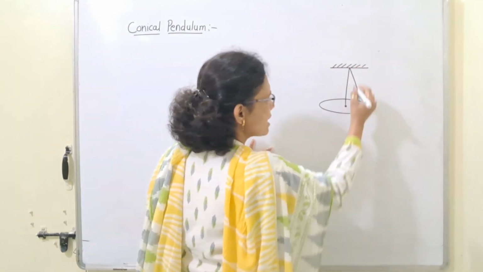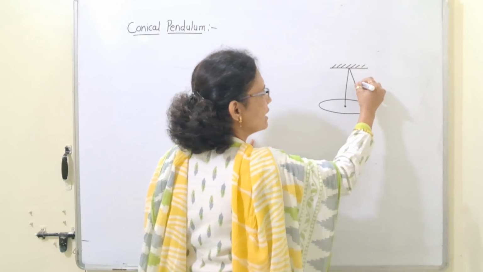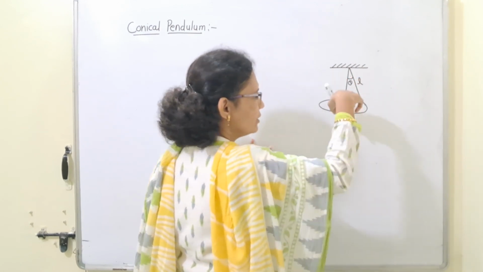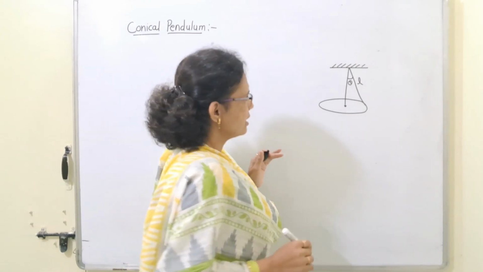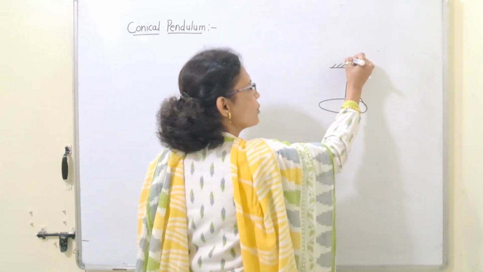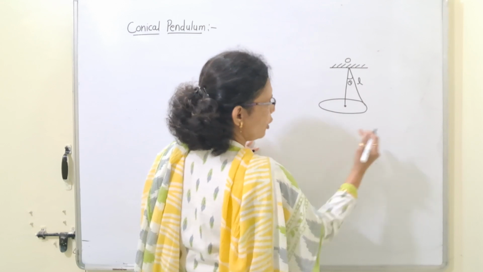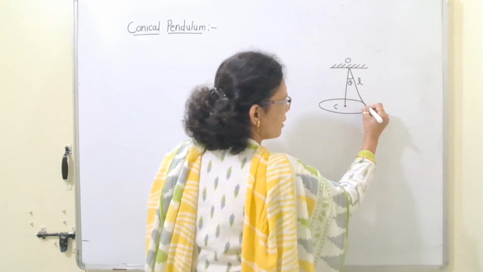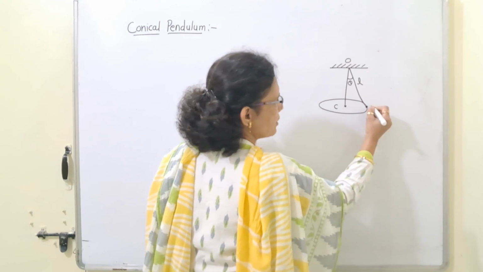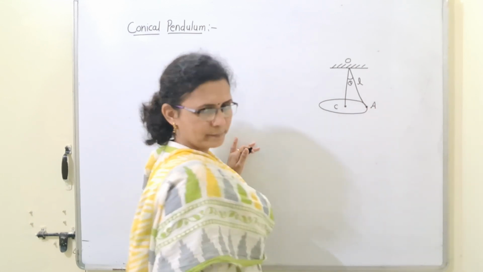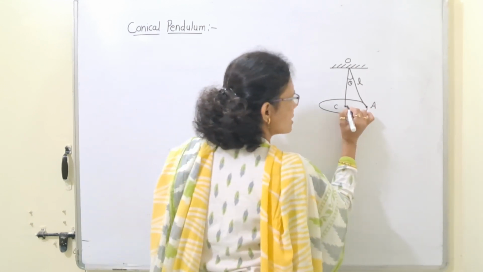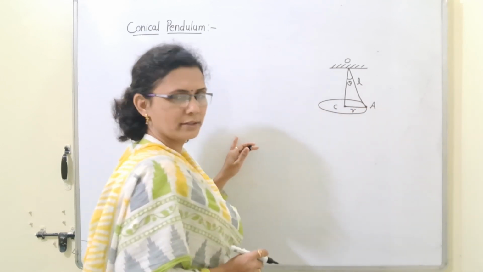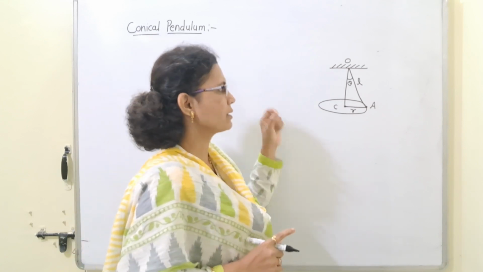This is the axis and this is the pendulum of length L, making some angle theta with the vertical axis. Consider the rigid support as O, the center of the circular path as C, and the position of the point mass as A. This is the radius of the horizontal circular path, take it as R.